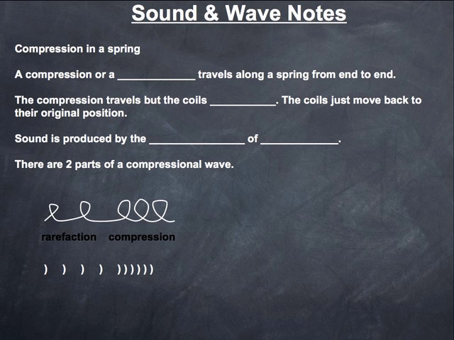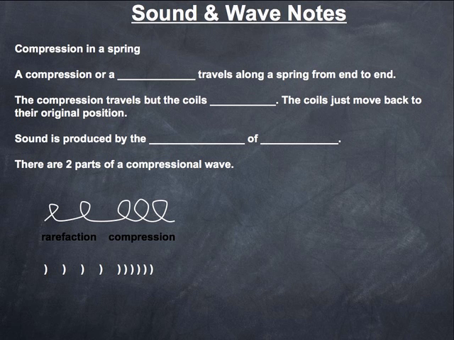So this is a spring. A Slinky is a spring. But if you watch carefully, if I compress the spring and then let go, can you see it travel the length of the spring? Yes, it's fast.